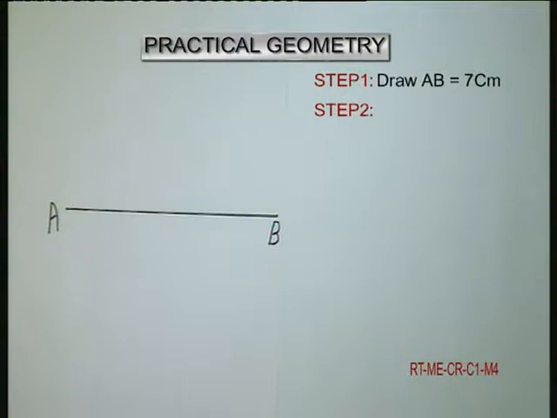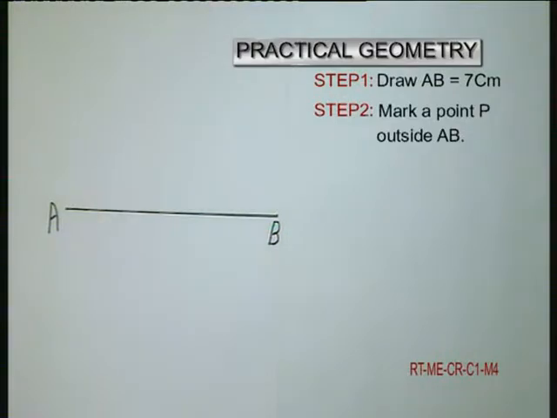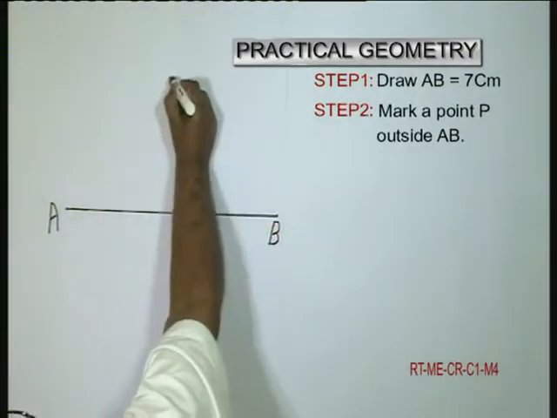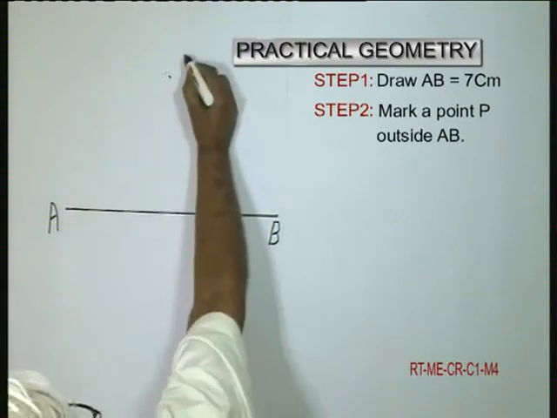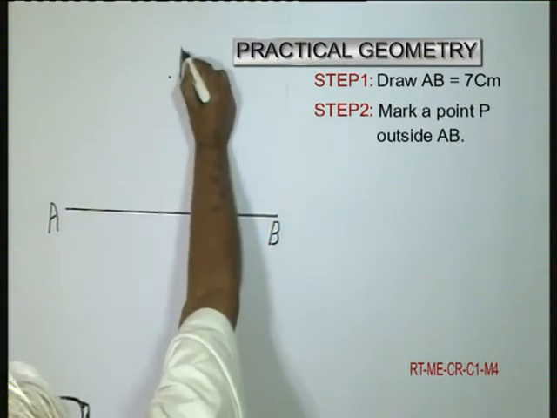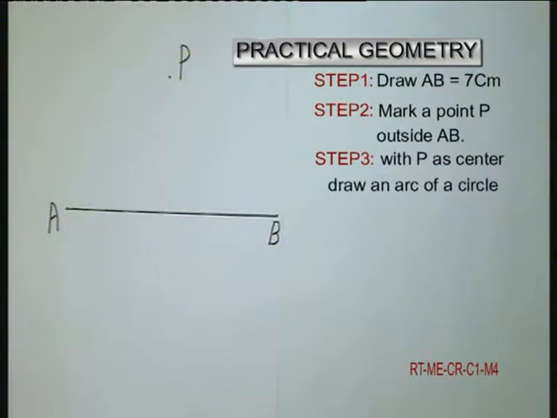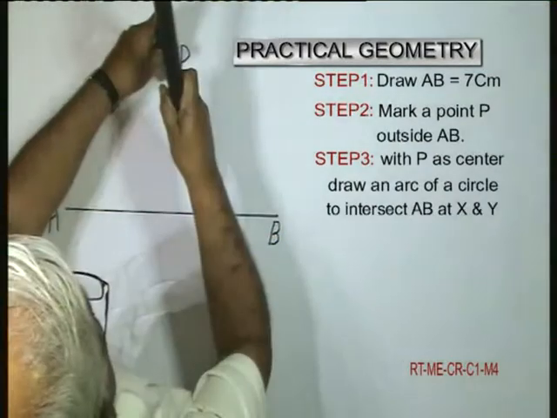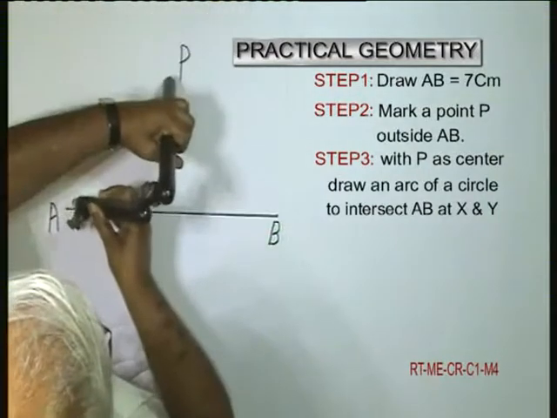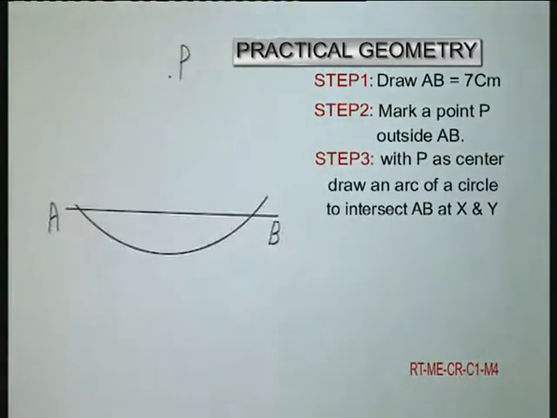Step 2. Mark a point P outside AB. Step 3. With P as center, draw an arc of a circle to intersect AB at X and Y. Step 4.